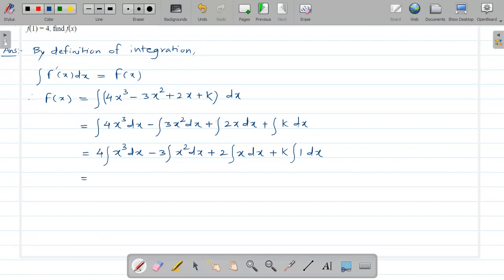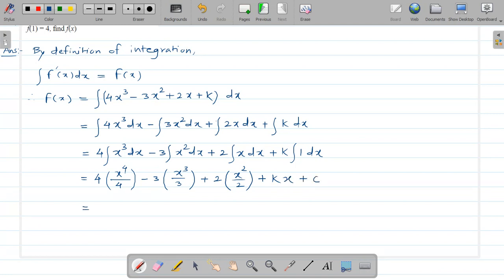Now evaluate the integration. So 4 as it is into integration of x cube, which is x raised to 4 upon 4, minus 3 as it is into integration of x square, which is x cube upon 3, plus 2 as it is into integration of x, which is x square upon 2, plus k as it is into integration of 1, which is x, and plus integration constant.